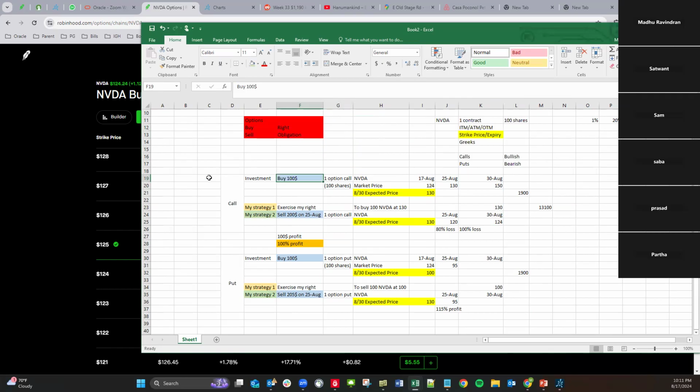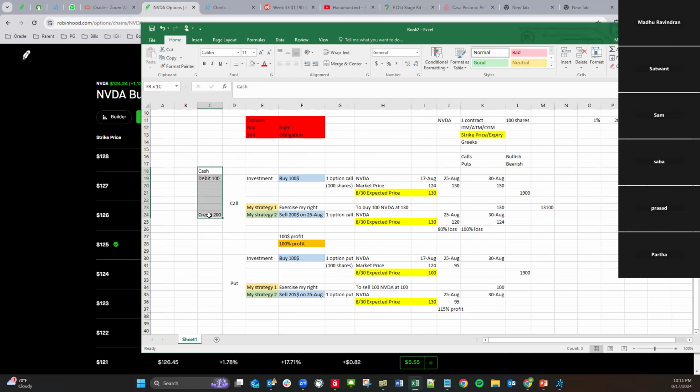You had a portfolio, and your portfolio would be reduced by $100 because you bought this particular call. I'm saying this from a cash perspective. So you would have debited 100, and when I sell this, then I get back a credit of 200. Just from a cash flow perspective, I'm saying.